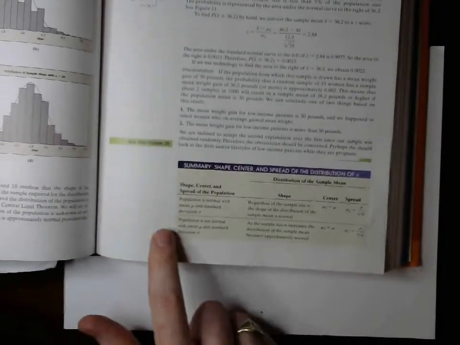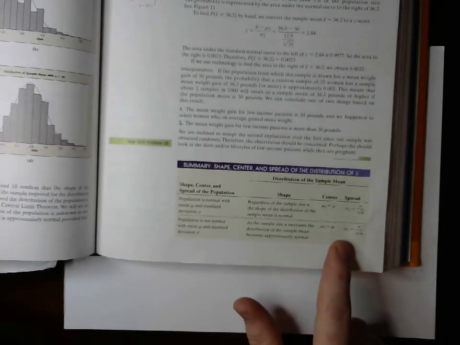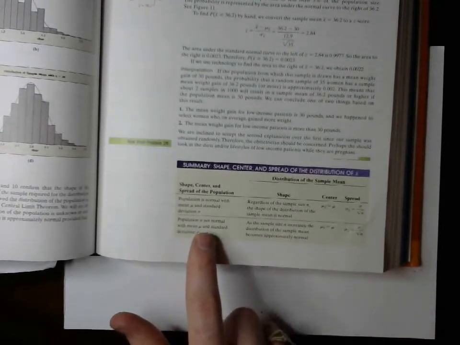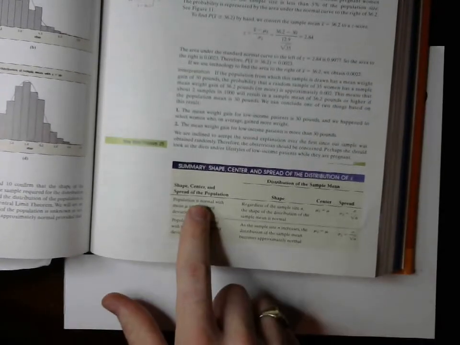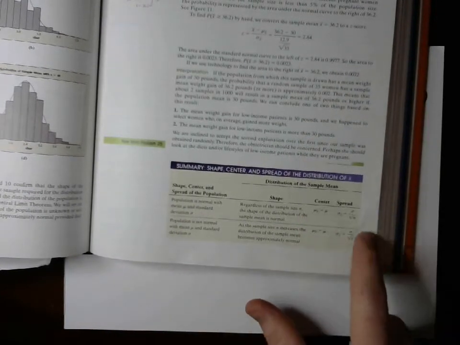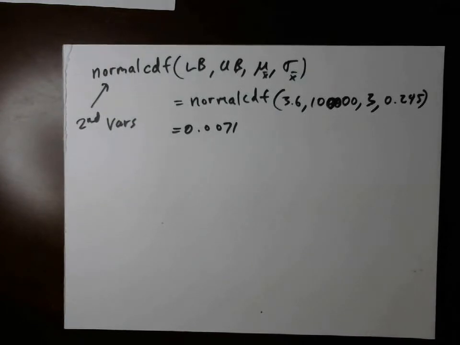You might not be able to see it, but it'll look something like that. It summarizes everything we just said about the shape. If you know the original distribution, we know that we need a large enough n, whether from a normal or non-normal distribution. And we have the same parameters, center and spread, mean and standard deviation of the sampling distribution.